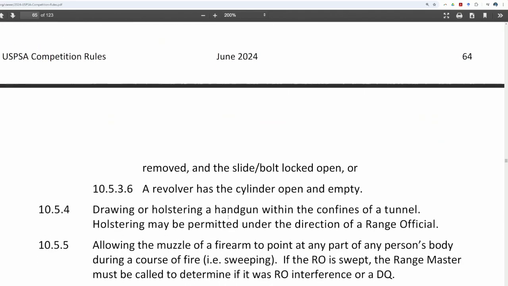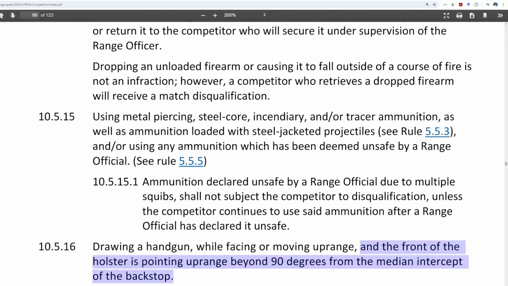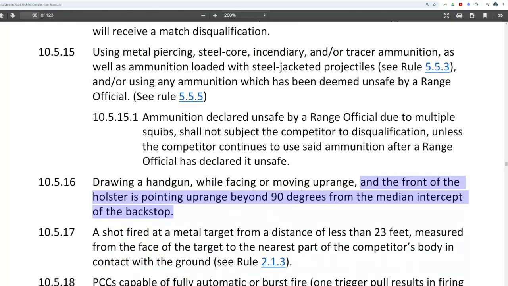They also need to be told that 10.5.16 only has to do with facing and moving uprange, only during that time. And then the board and the rules committee need to define what is the front of the holster in a meaningful way if they keep with this definition.